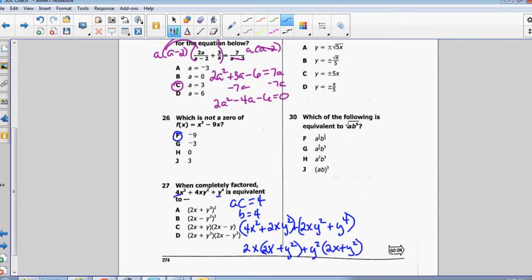And when you have 2 sets of parentheses that match, that means you're doing it right. So that's one of your factors, 2x plus y squared. And then the other one is 2x plus y squared as well. I don't see an answer that looks just like it, but because these are the same thing, that's the same as the square of 2x plus y squared. So that makes answer A.